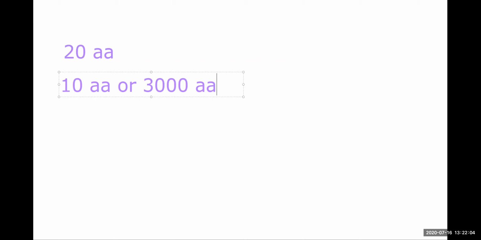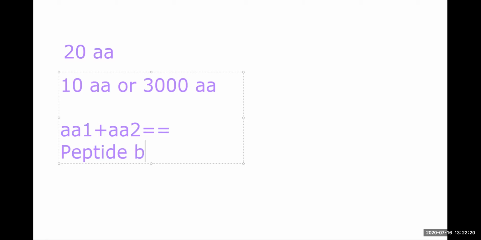Likewise, a protein could be made up of 10 amino acids. So how are 2 amino acids connected? The 2 amino acids are connected to each other by a bond called a peptide bond. I won't go into the detail, but to be specific for this question, 2 amino acids in a protein are connected by a peptide bond.